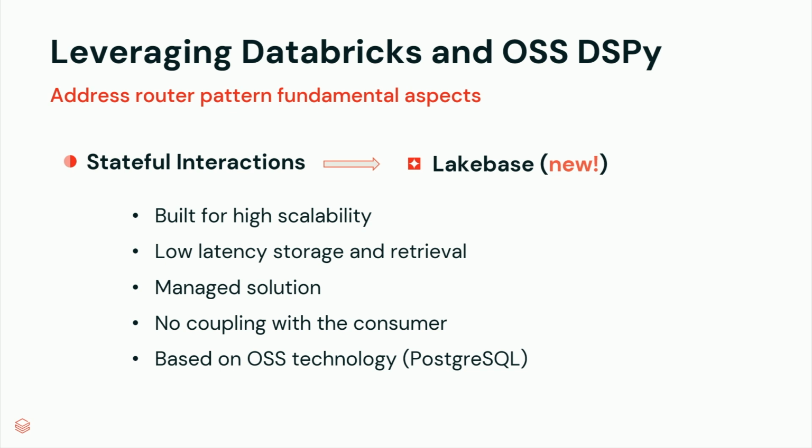You have no logical coupling between the service, the router, and the consumer, the client. And it's all open source based technology. So I would highly recommend a very similar approach of storing the very same state, but instead of passing it back and forth, you could use Lakebase for that.